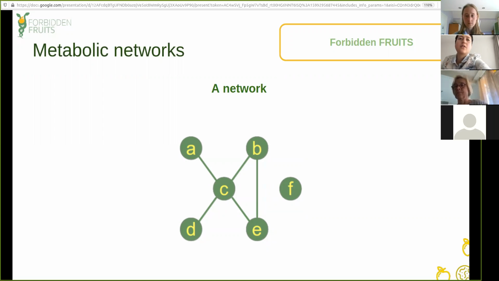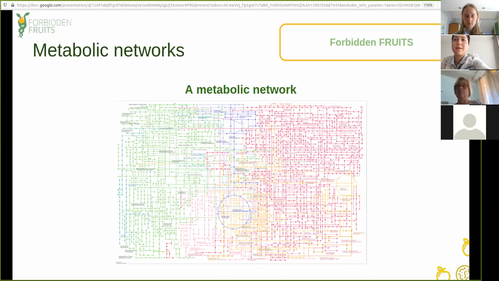So now we can move on to what is a metabolic network. To give you an example, this is how a metabolic network looks. So it's very scary, right? Well, this is just like the example I showed you earlier, a collection of dots interconnected through a lot of edges or lines.